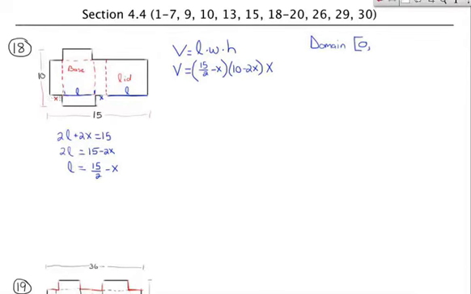If x is bigger than something, are we going to have a problem? And really the answer can be found right here. 15 halves minus x, 15 halves is 7.5. So if x was 7.5 here, our volume would be 0, but 5 would come before that. So 5 is going to be our issue. So I think we can safely say that the domain is 0 to 5.